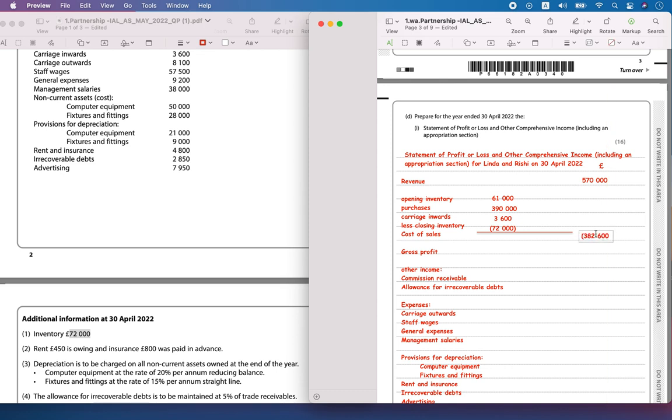This cost of sales we have to less from the revenue to get the gross profit. So revenue minus cost of sales is equal to 187,400.